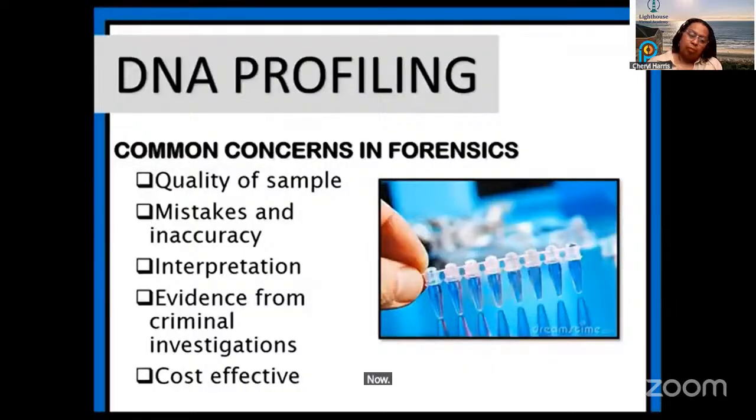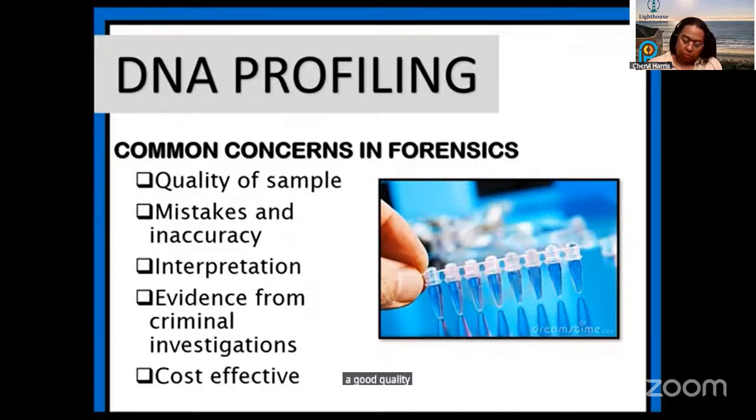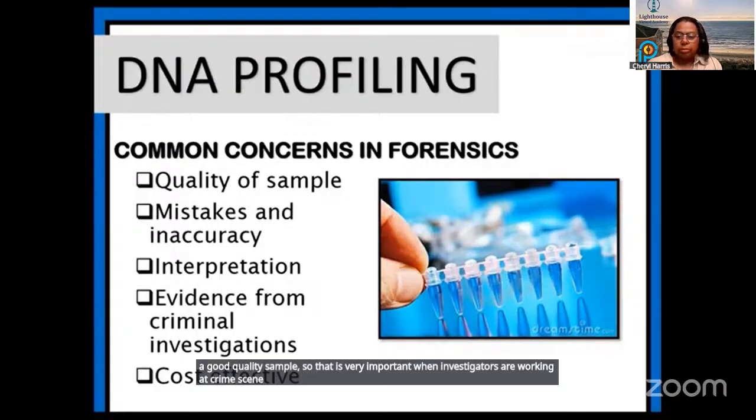Now, there are some common concerns in forensics using DNA profiling. It is a huge part of forensics, but first of all, the quality of the sample has to be good. That is very important when investigators are working a crime scene, that they collect good quality samples of DNA.